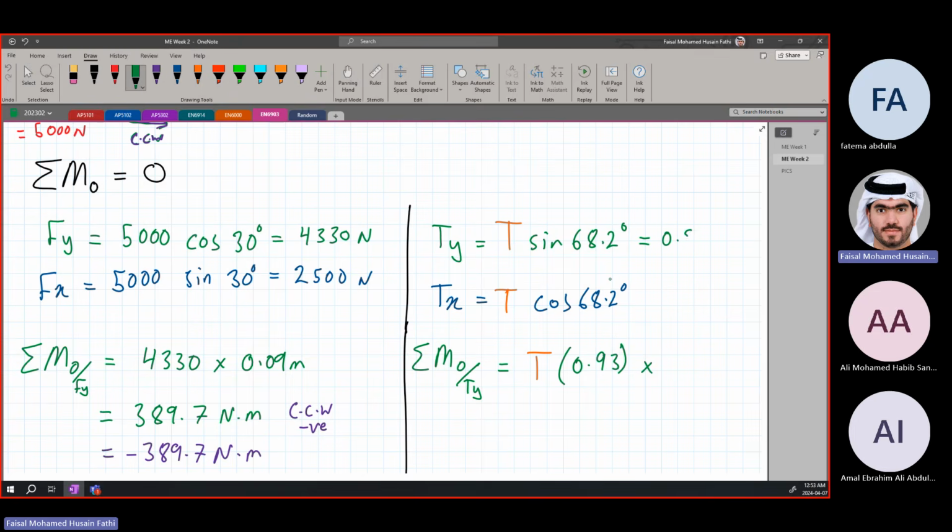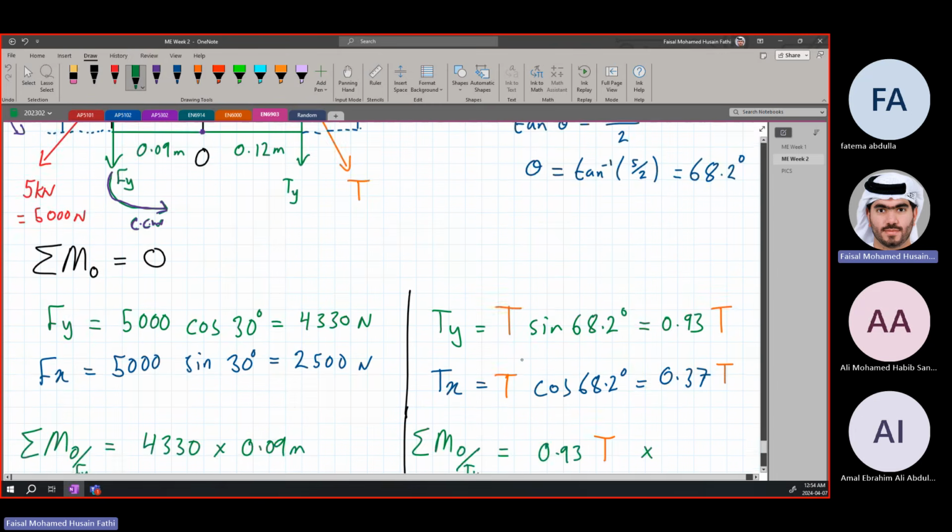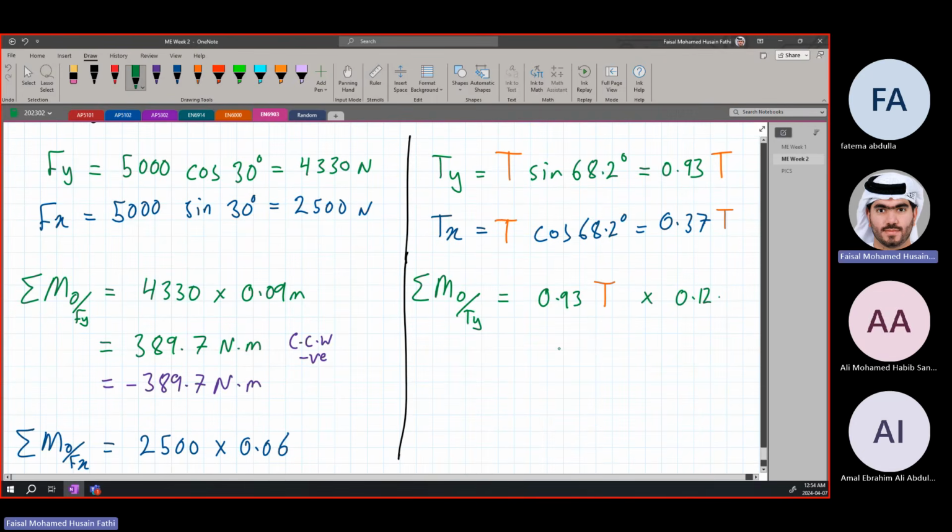This is 0.93 T, and cosine 68.2 is 0.37, so it's 0.37 times T. Then the force Ty is equal to 0.93 T times the perpendicular distance for Ty, which is 0.12 meters.